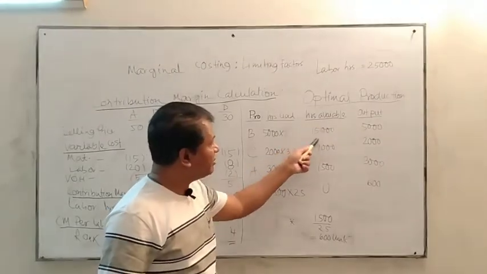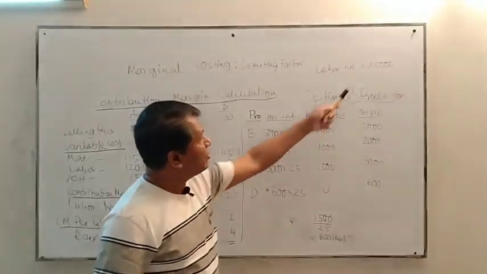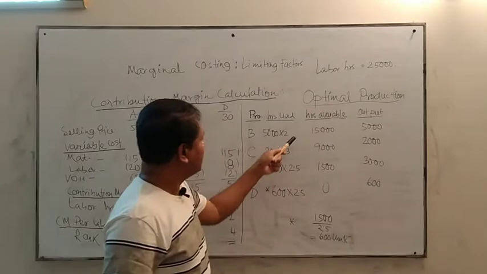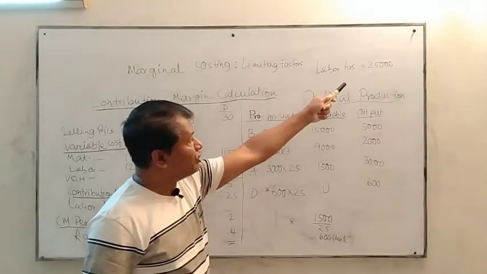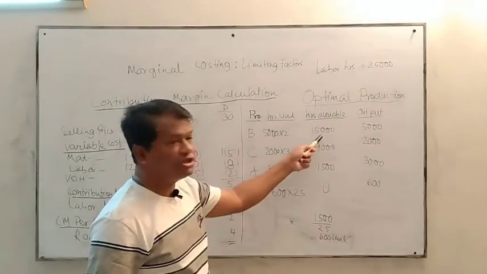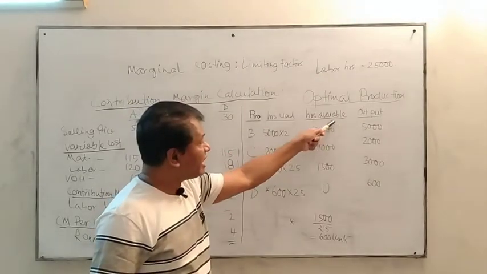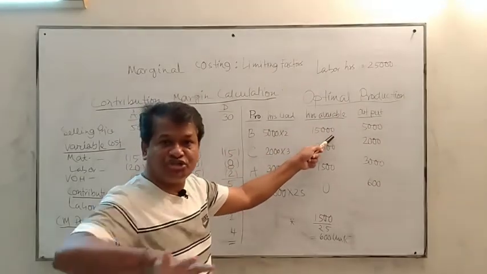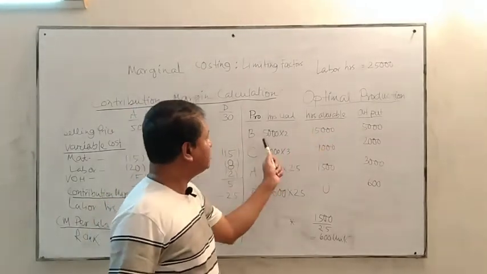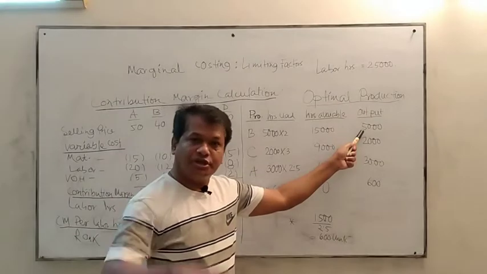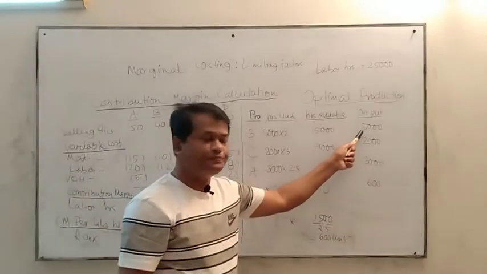How is this calculated? 25,000 minus 10,000, then it is 15,000. These labor hours are available to produce the rest of the production. So that is the figure, and the output, obviously, is 5,000 units. It can be fully produced.